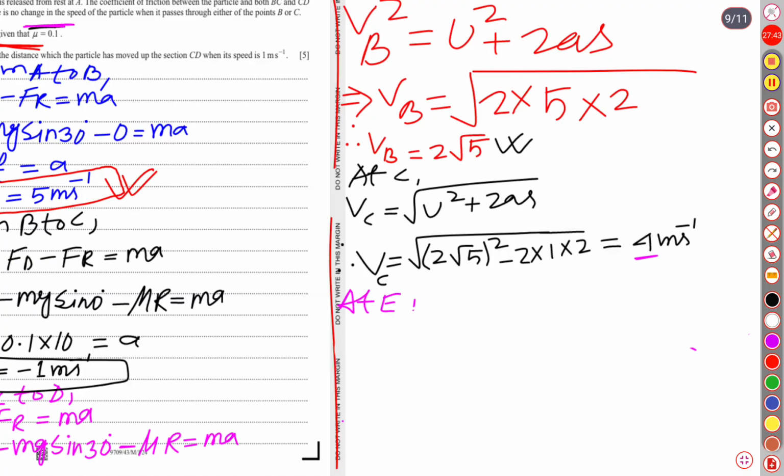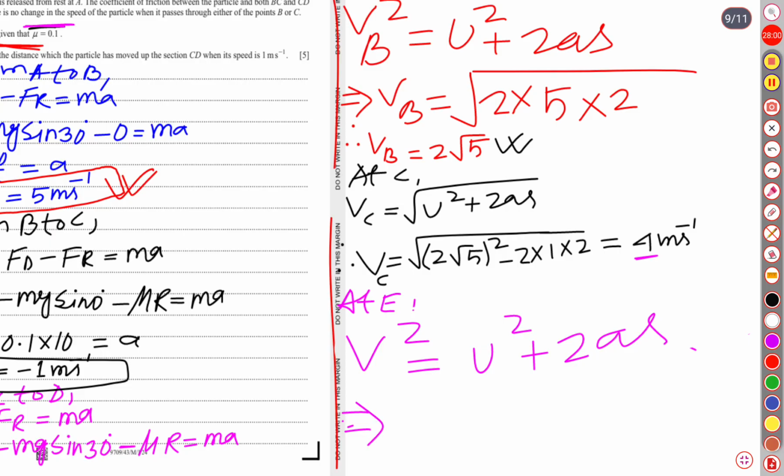The concept we are applying is v squared equal to u squared plus 2as, isn't it? And the final velocity is given. What is the final velocity?